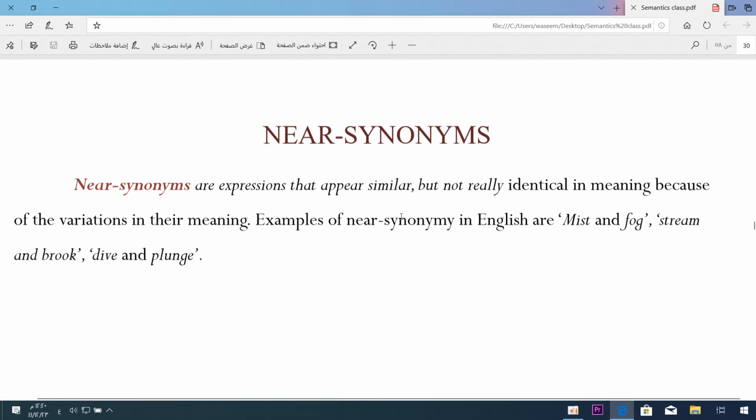Okay, I'll give you an example. If you say misty and foggy, mistiness is a lower degree of fogginess. If it is misty, you can drive, but if it is foggy, you can't drive because it may be very difficult for you to see well. I mean, to see through the road, so it might be dangerous.